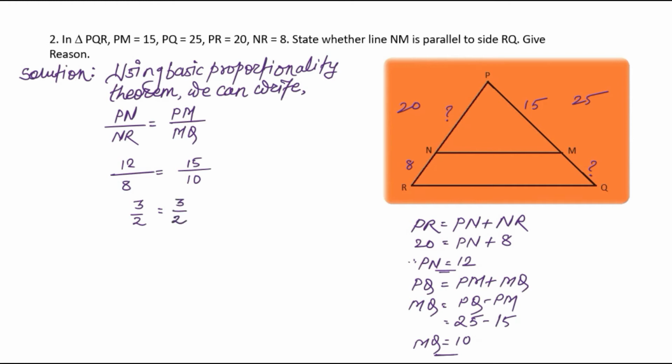So again 3 by 2. Therefore, LHS left hand side is equal to RHS right hand side. From this result, we can conclude line NM is parallel to side RQ. This is how we can solve the given problem, and the reason is according to BPT, basic proportionality theorem, that we already mentioned in the beginning.